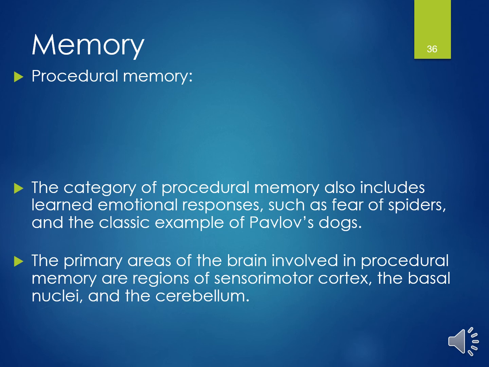The primary areas in the brain involved with procedural memory are the regions of the sensory motor cortex, the basal nuclei, and the cerebellum. The cerebellum serves as our location for storage of muscle memory things. So, for example, the program needed to ride a bike would be stored in this particular area.